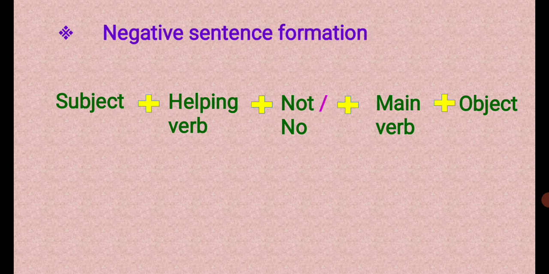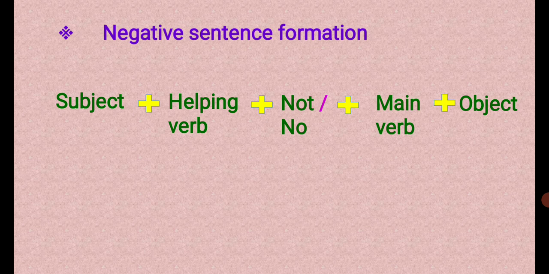So in a simple sentence we need three parts of speech. Which are they? Subject, verb and object. For a negative sentence we need five parts of speech. Just remember that mostly the subject is a noun or pronoun, right?